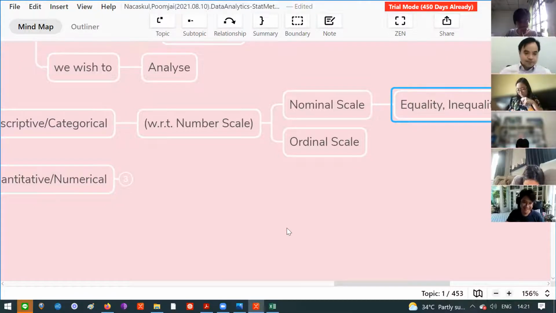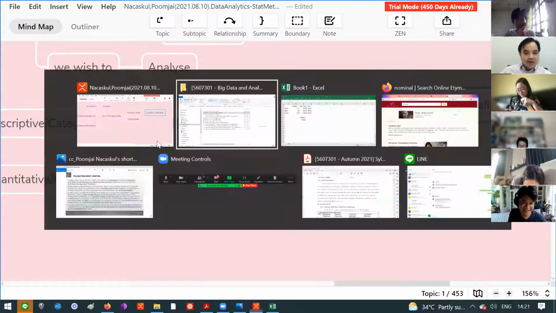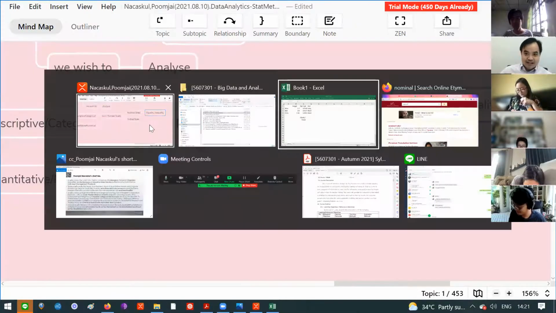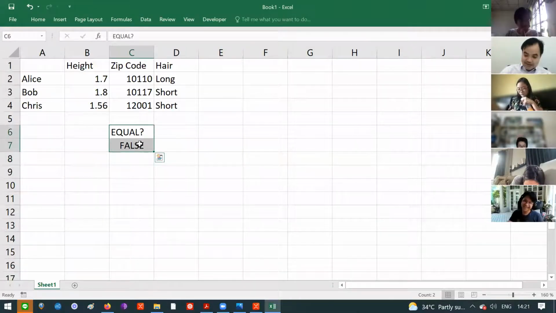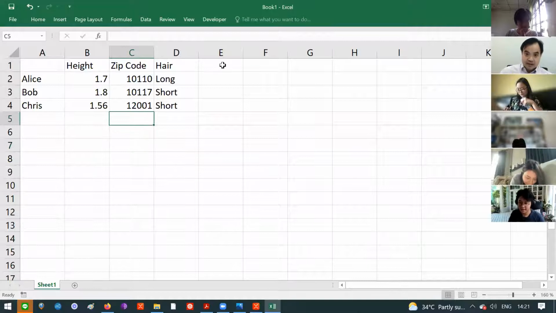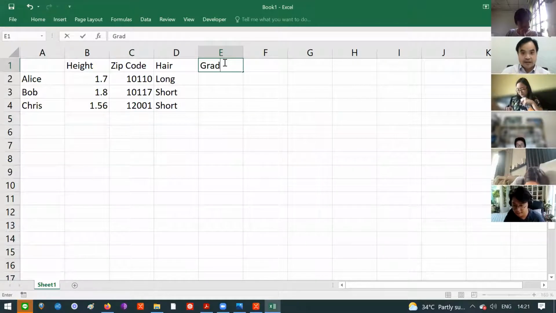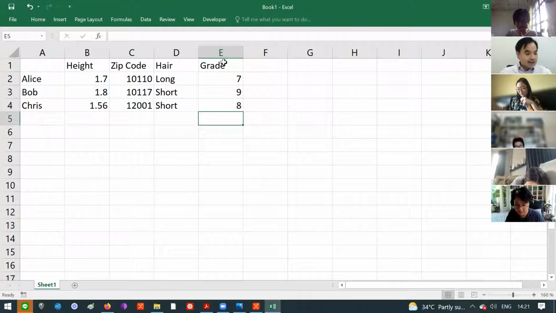Now, what else does this number suggest? What if instead of having this number, I have something like a grade? Alice is in 7th grade, Bob is 9th grade, and Chris is in 8th grade. Now, can I say that somebody is higher?